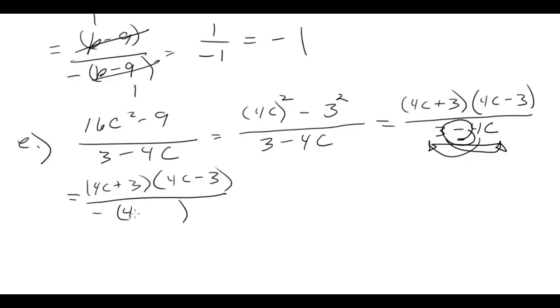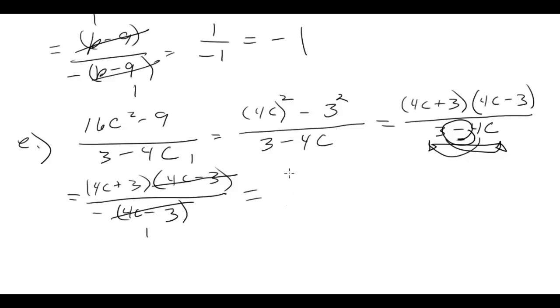So 4c comes first. The minus sign's still there. And the 3 is in the back. And guess what? I have a common factor, and the common factor is 4c minus 3. If I divide both by the common factor, it's the only common factor, I get 1 over 1, or minus 1 actually.